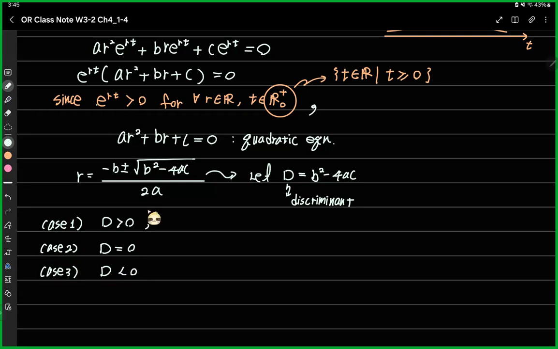So if D is greater than 0, then it turns out that r is a real number, right? Which means that the quadratic equation has 2 distinct real roots.